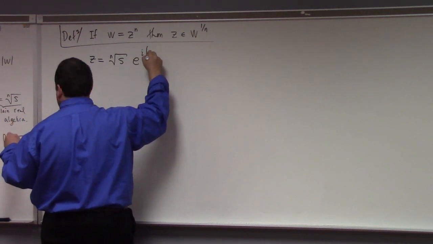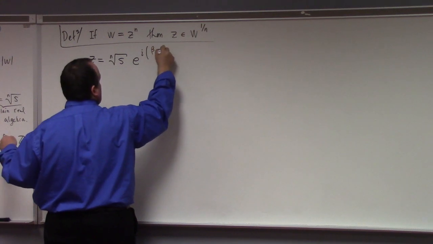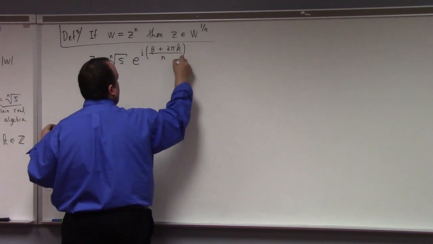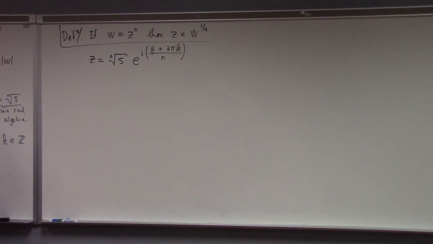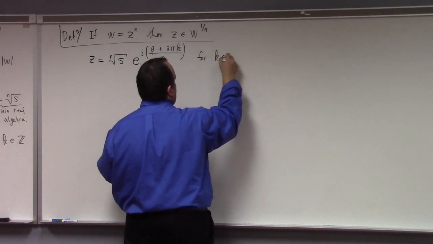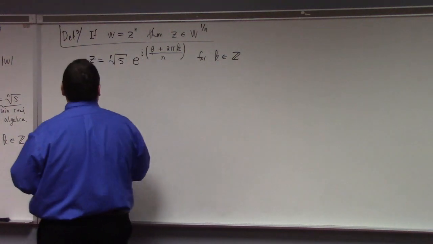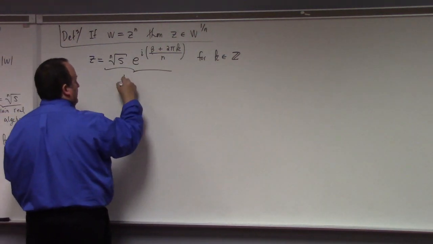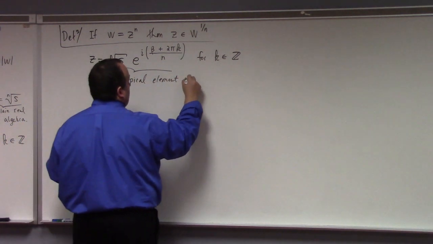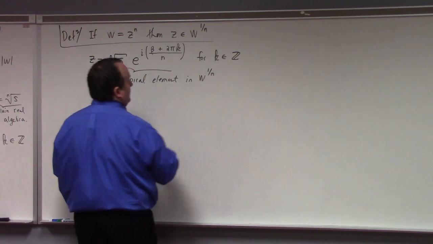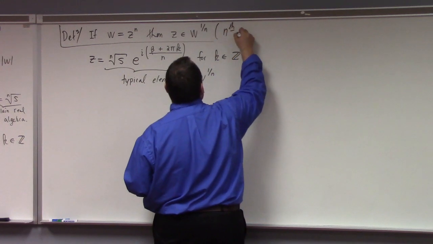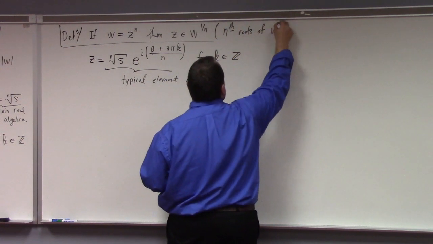But here theta is apparently beta plus 2 pi k over n, for k an element of Z. This right here is a typical element in the nth roots of w. Let me just write that out. These are the nth roots of w.